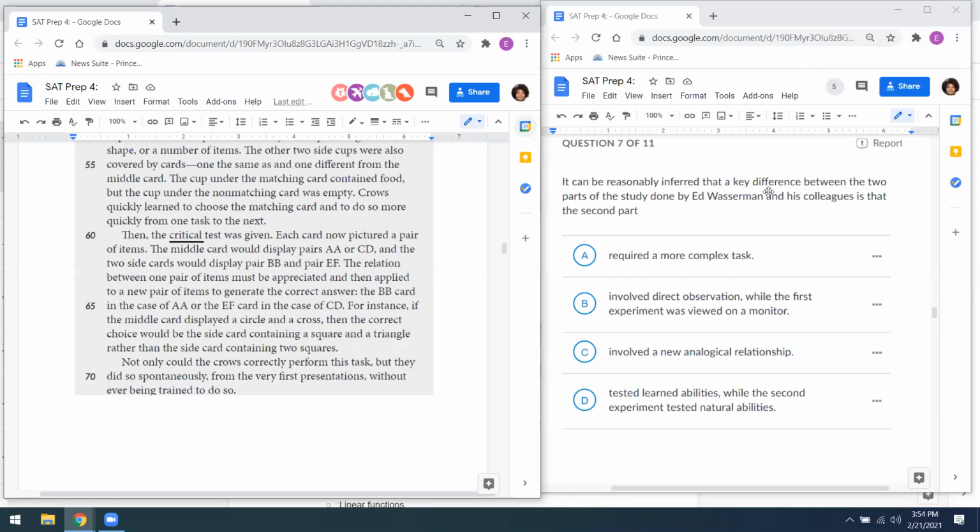I'm just going off of what you just said, piggybacking off of what you just said. We have a critical test and a not so critical test. So that's two different tests, right? Yes, ma'am. Okay. So if you have a non-critical test and a critical test, which one sounds harder? Most likely the critical test. Yeah. So looking back at the answer choices, based on what we learned from that sentence, what would your answer be?